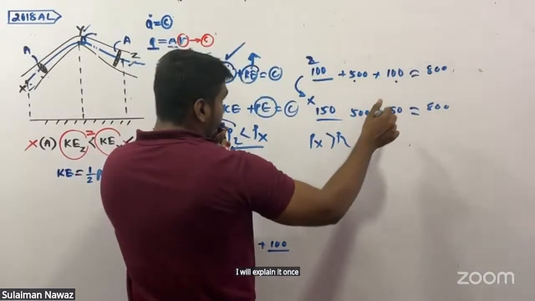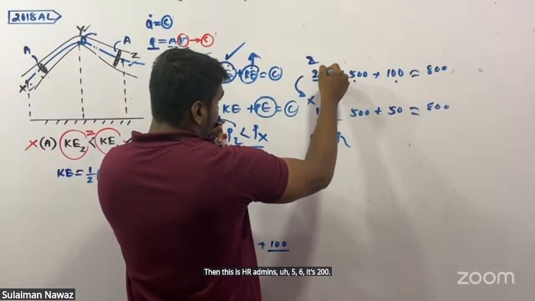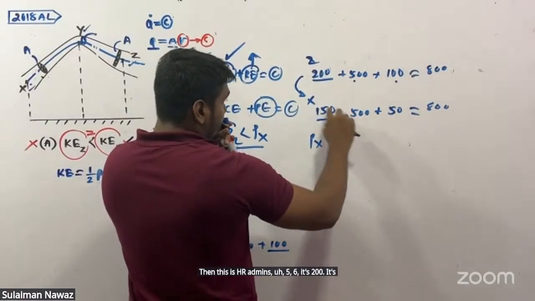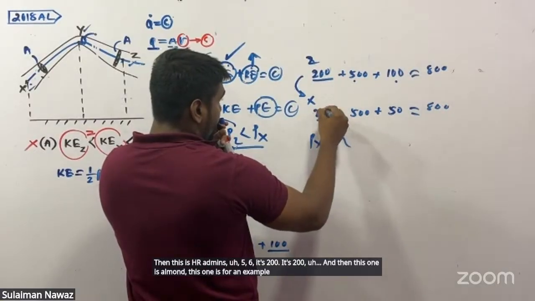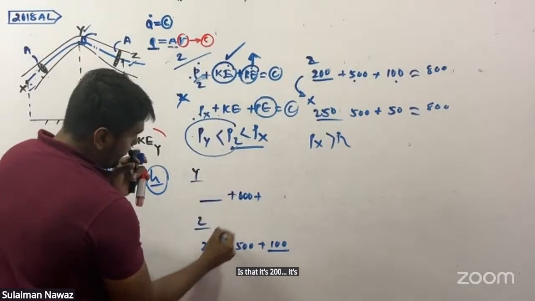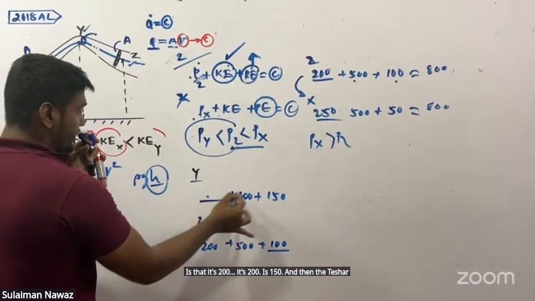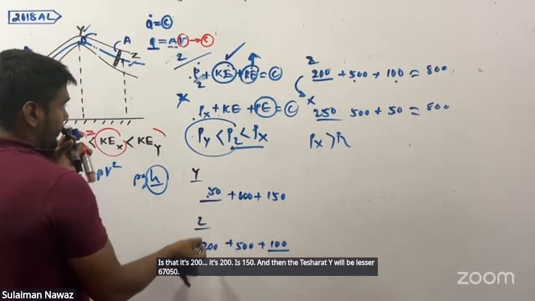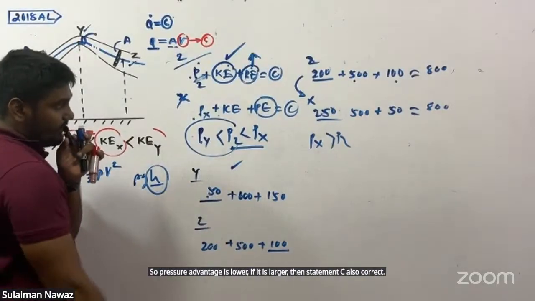We have time. Then 800 means 600 is 200. Then this one is how much? This one is for an example, 550 means 250. Then the pressure at Y will be lesser, 670. So pressure at Y is lower, Z is larger. Then statement C is also correct.